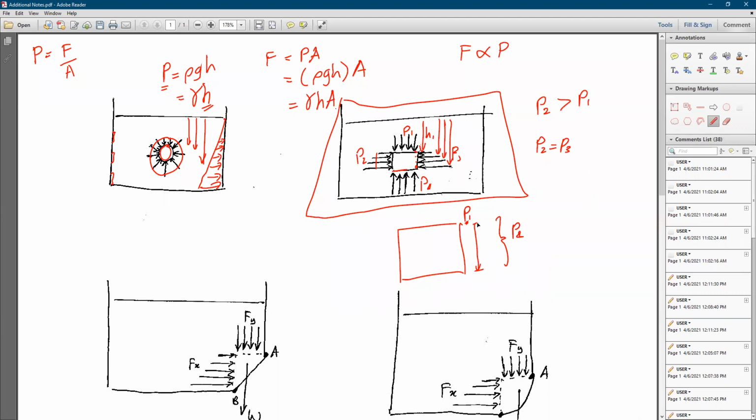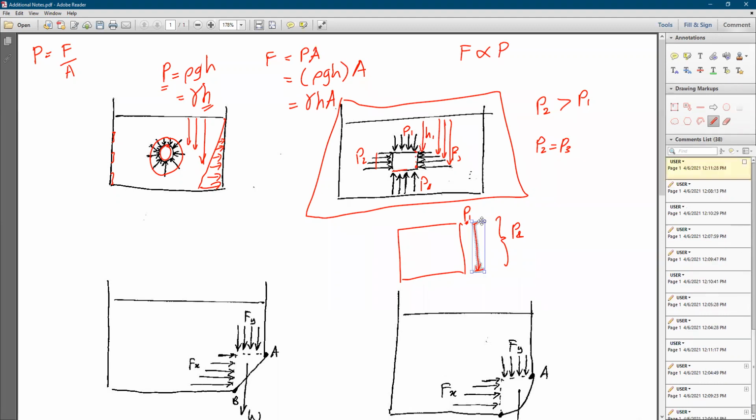If you take P2 at the point on the same level as this particular top surface, then P1 equals P2 at this point.